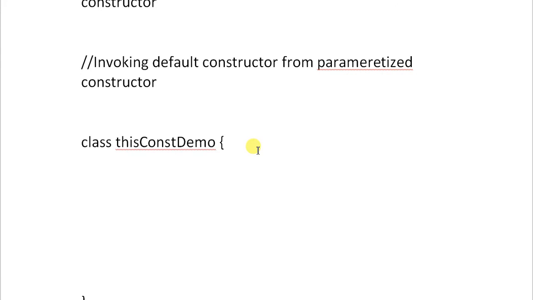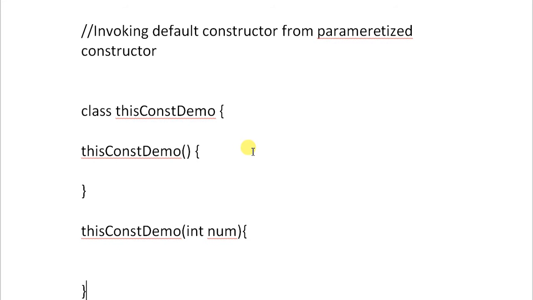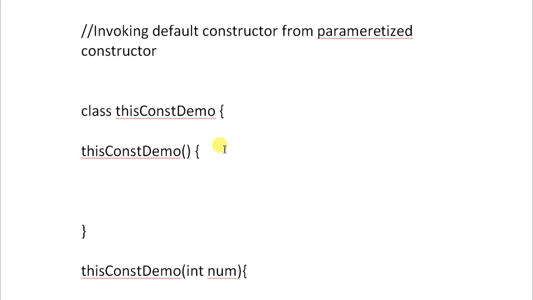So let us first create the constructor without argument, and then create the constructor with argument. Let's say the argument is a number which is an integer. Let's say the first constructor, when we instantiate, should print some random string value.